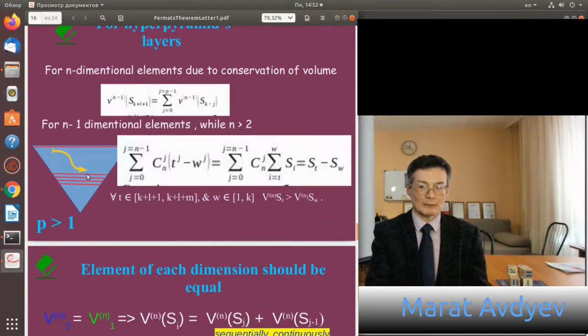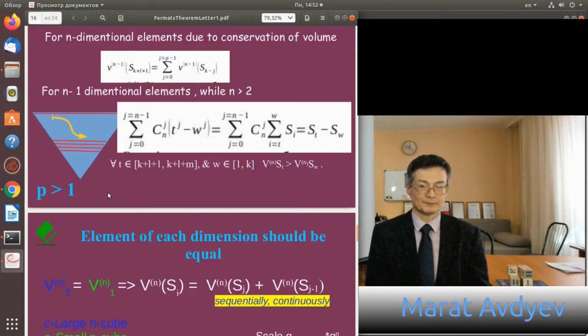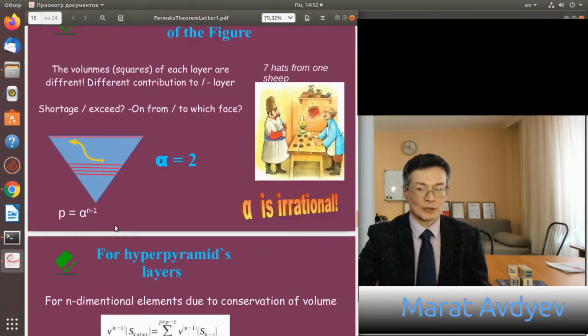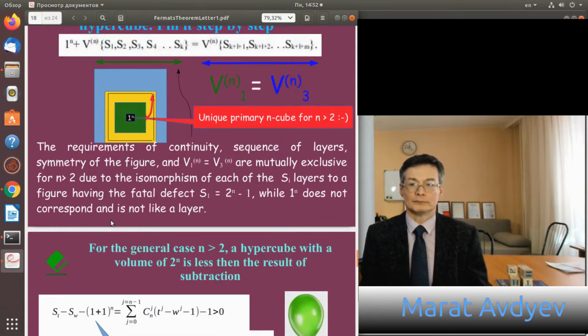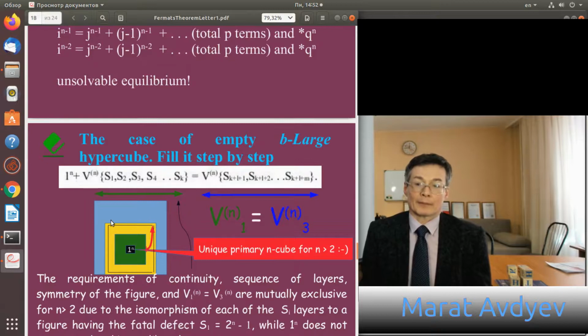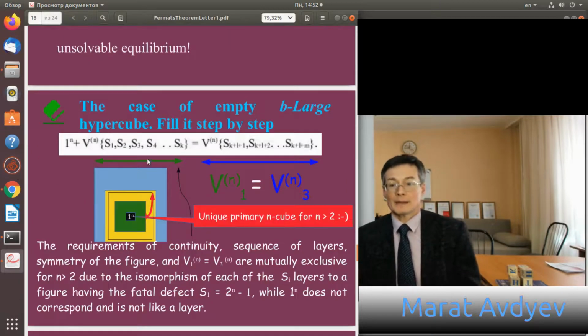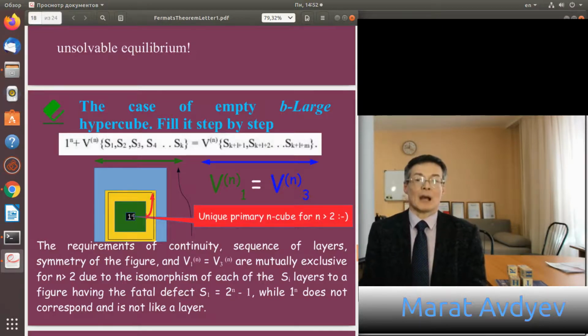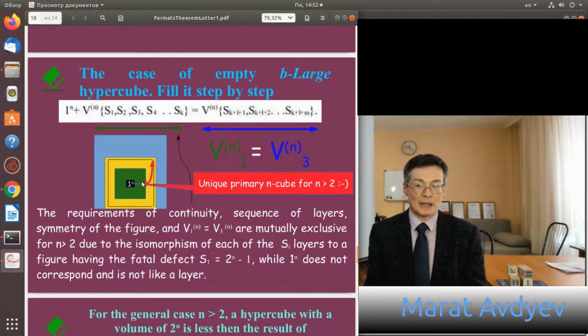Here you are, p, the number of layers in the small hypercube, nested hypercubes inside each other. Let's go on. Here is the layer, green zone A small, middle yellow, and C large hypercube.